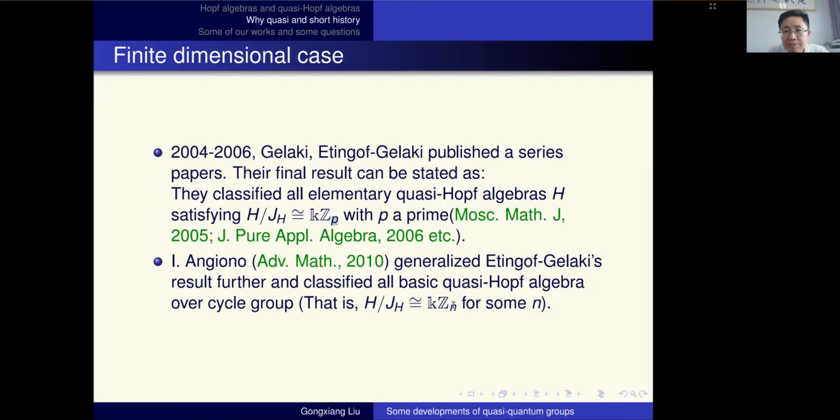I have to say, Angiono essentially provided very little new examples. Essentially no new examples actually. He just showed that the results and techniques developed by Etingof and Gelaki can be generalized to the general n case.